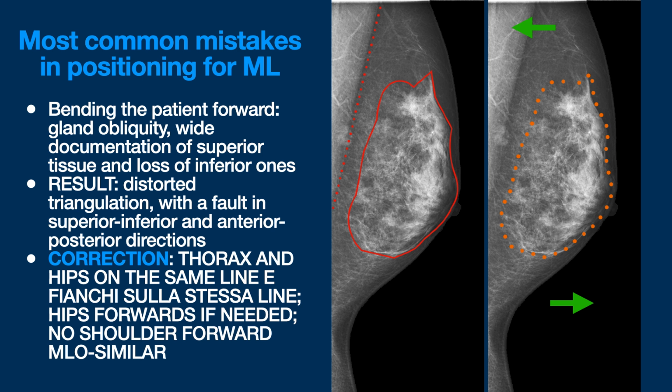The hips must be brought forward to achieve this. The findings shown here in a true lateral would shift anteriorly and inferiorly, like that.